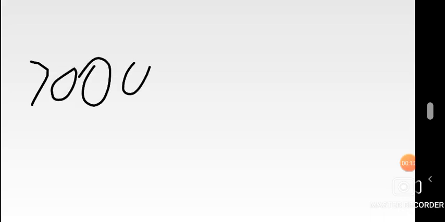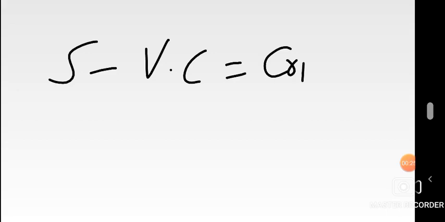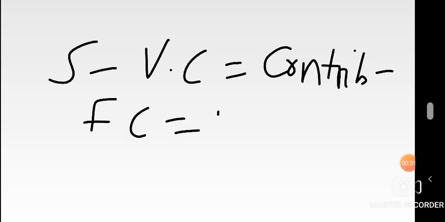You're trying to get the profit or loss as of this year, 2017. So we are going to multiply these 7,000 units by what, first of all? Because you're trying to get profit. You know this model, as I earlier stated: sales minus variable costs is equal to contribution, minus fixed costs equal to profit, right?